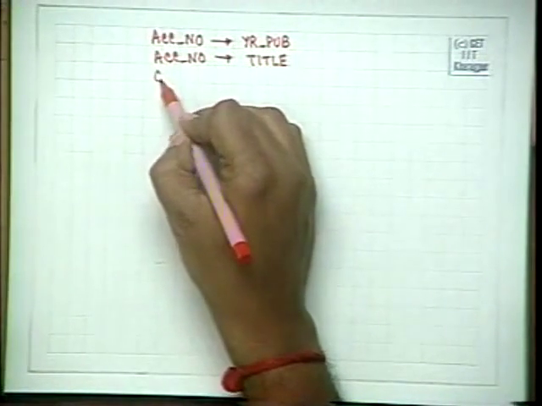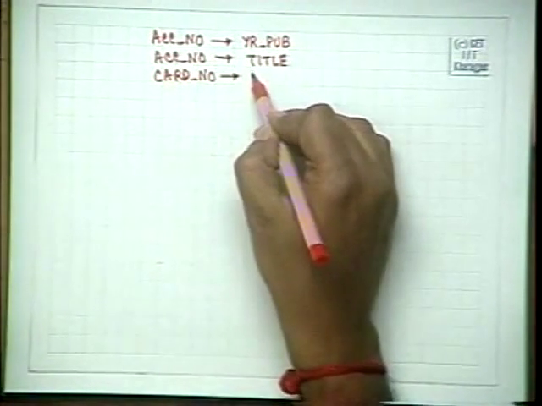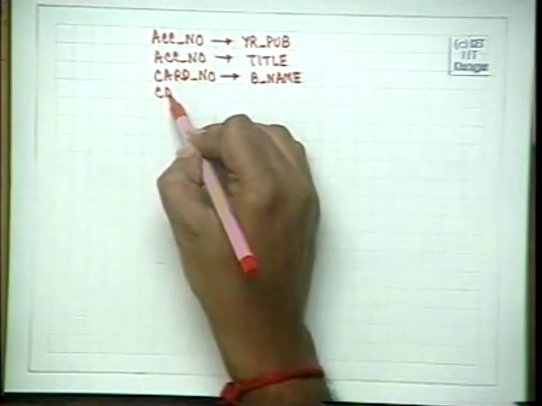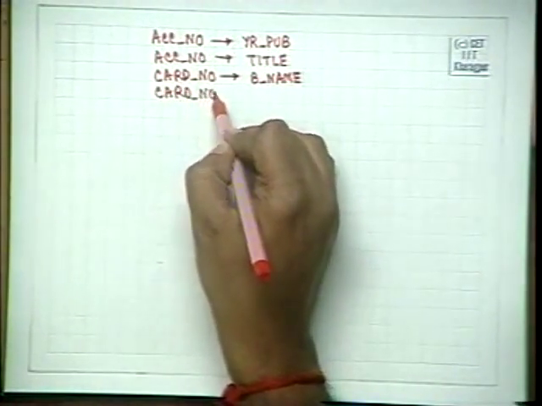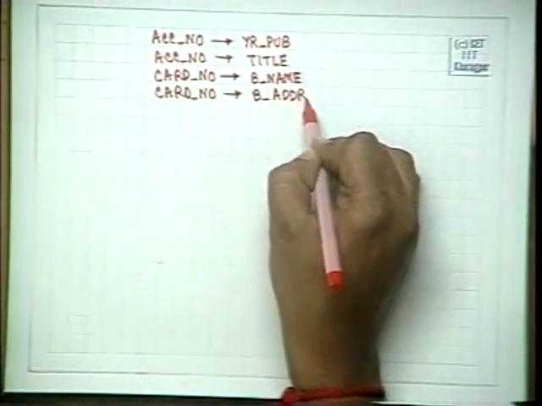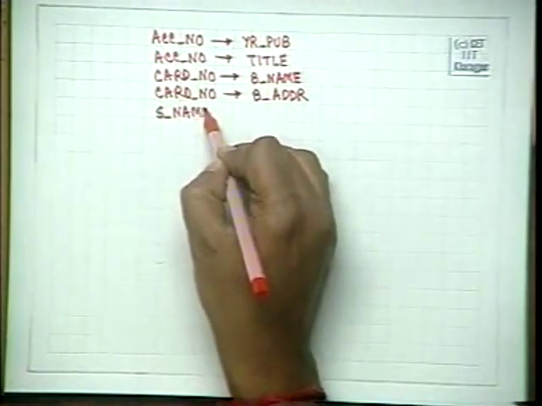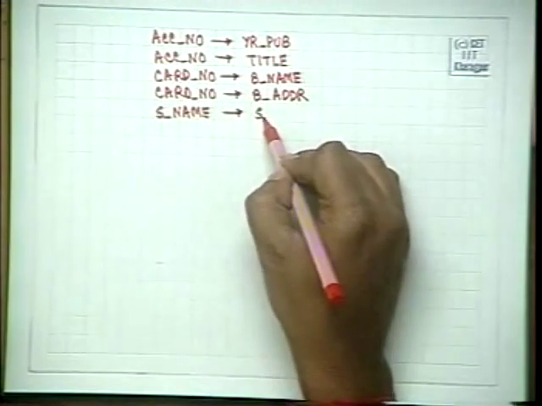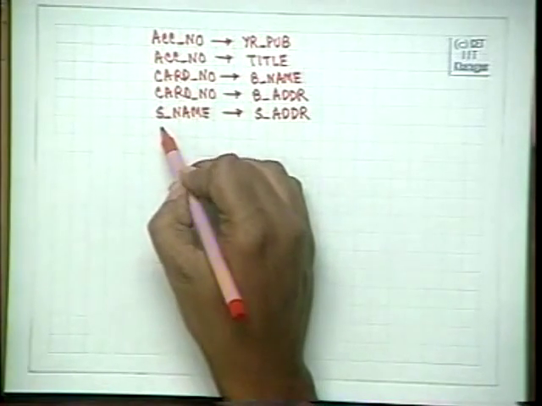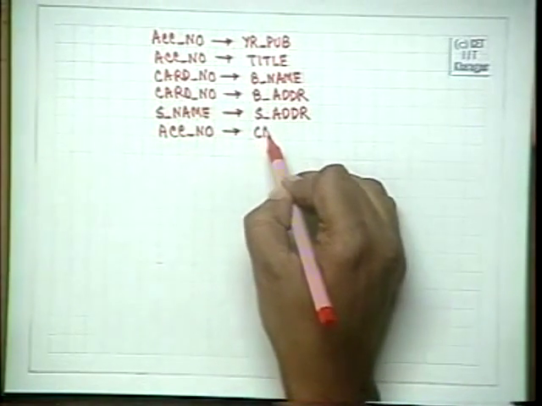From the user relationship, we get card number to borrower's name, and card number to borrower's address. From the supplier relationship, we get S name to S address. From the borrow relationship, we get accession number to card number.